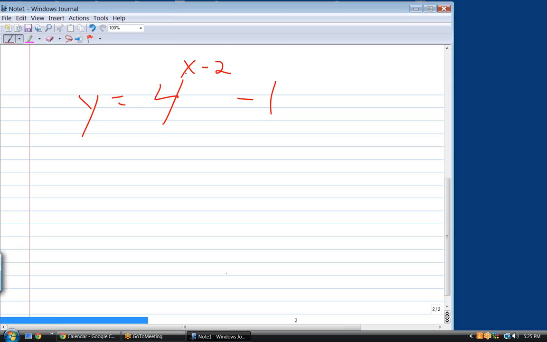If x is hugely negative, like minus a billion, this would be awfully close to 0. So it can get very close to 0, and 0 minus 1 is minus 1. So it has to be greater than minus 1.